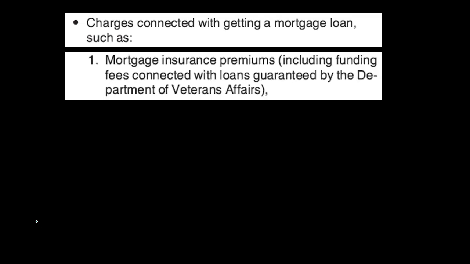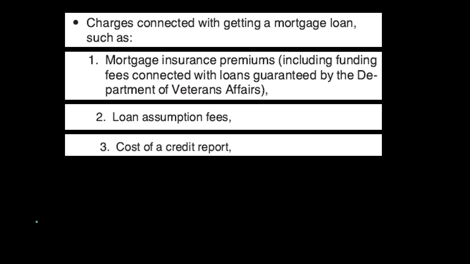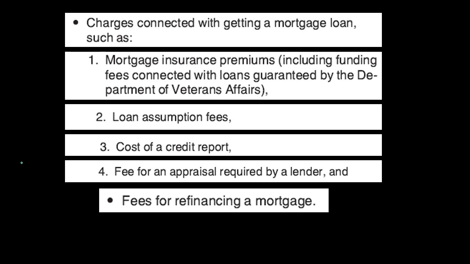Mortgage insurance premiums, including funding fees connected with loans guaranteed by the Department of Veterans Affairs, 2. Loan assumption fees, 3. Costs of a credit report, 4. Fee for an appraisal required by a lender.